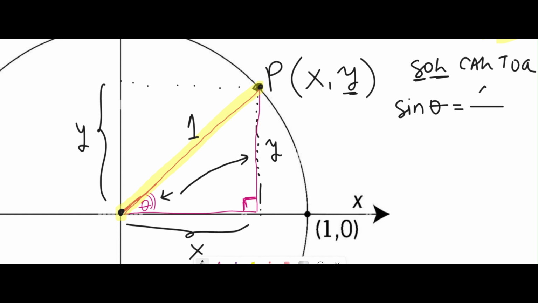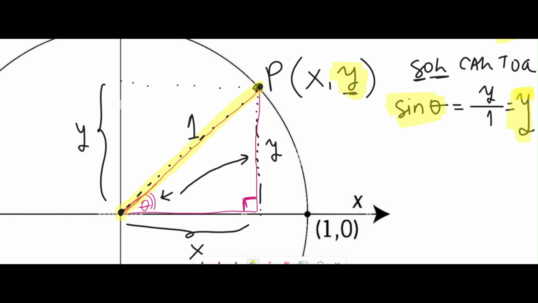So opposite over hypotenuse. Hypotenuse is the longest one, which is 1. Aha, y over 1 is basically y. So guys, this tells us that sine is basically the y coordinate. So this value here is sine of the angle.